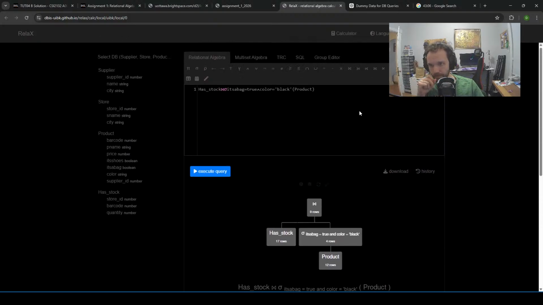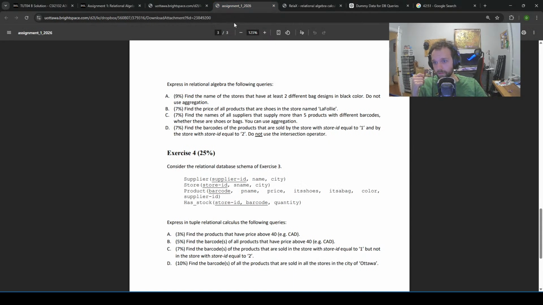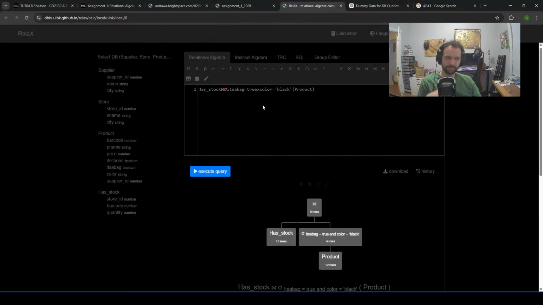So now what we need to do is some sort of cross product, so that... it is 6:30. Find the names of the stores that have at least 2 different bag designs in the color black. Do not use aggregation. Okay.